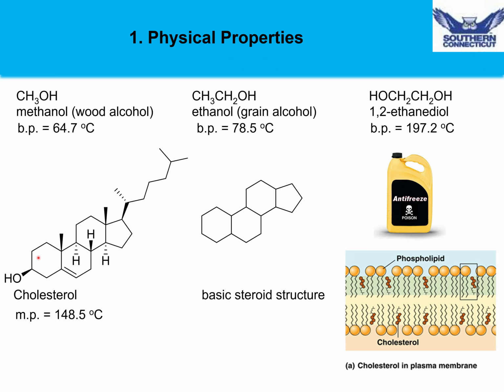Cholesterol is another example of a molecule that contains an alcohol. Cholesterol is a steroid. You can always recognize steroids by their basic structure, which contains 3 cyclohexane rings fused together plus another cyclopentane ring.